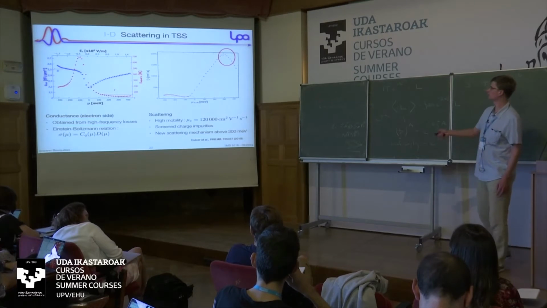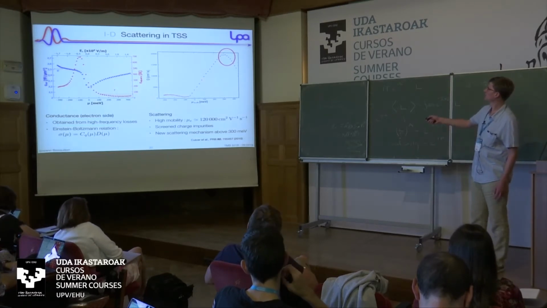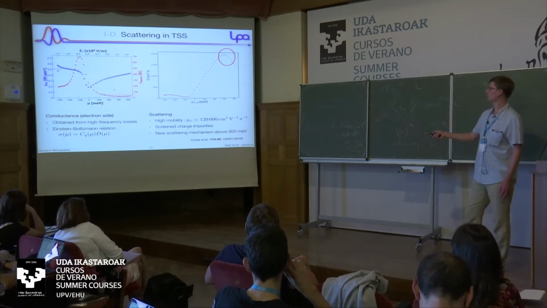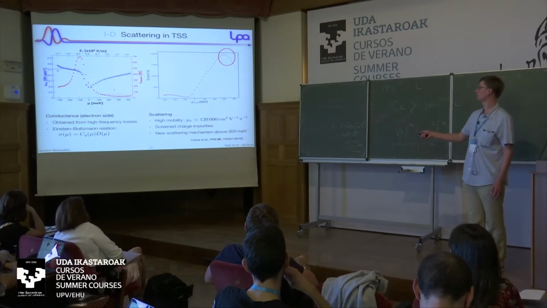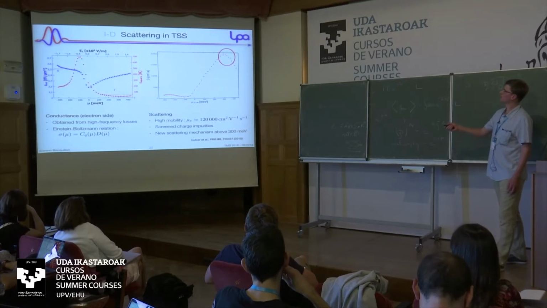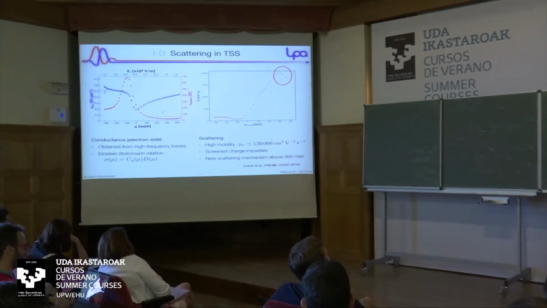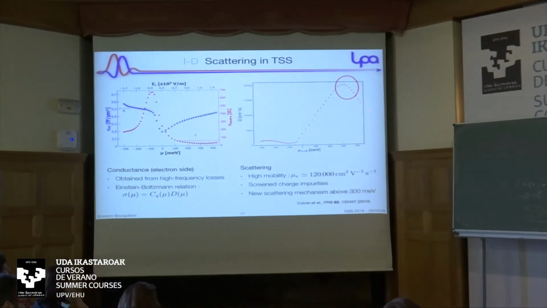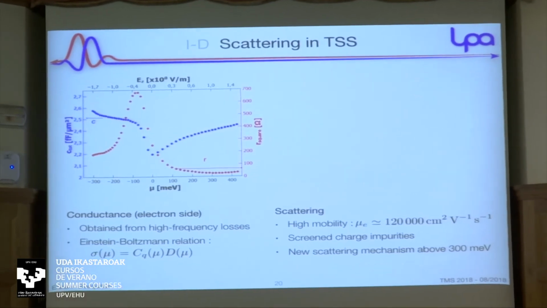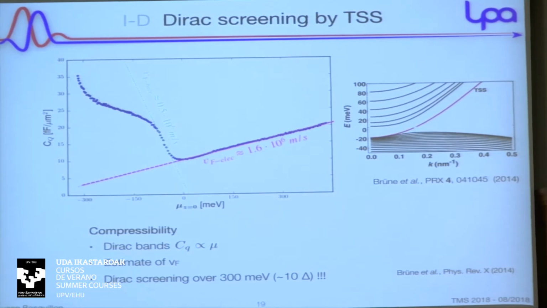And if you look at the diffusion constant, you see in this plot an increase of the diffusion constant linearly with mu. And this is compatible with a high, constant mobility of about 120,000. The linear increase with mu is typical of screened charge impurity, but at some point you see that it breaks down. And this is typically around this 300 meV, at which I pointed out that at some point we would see something happening.